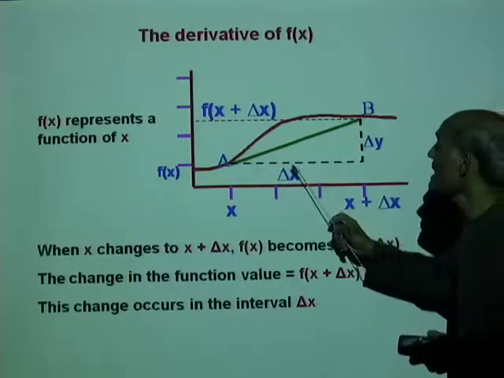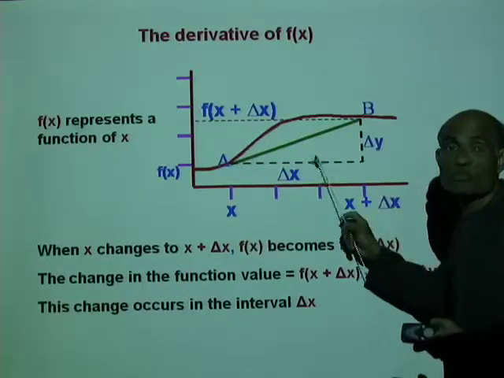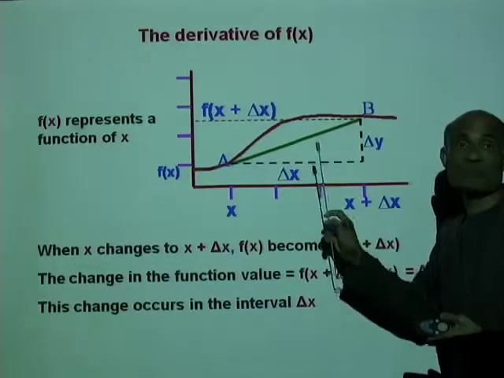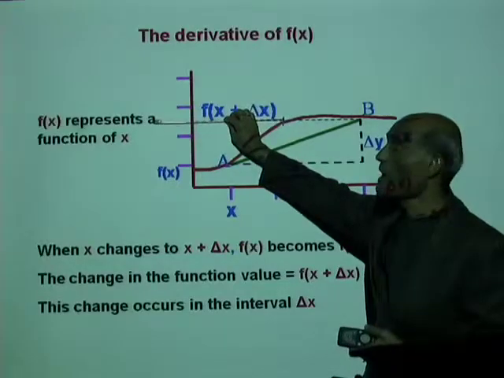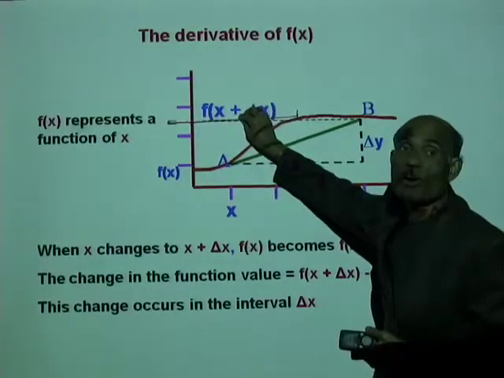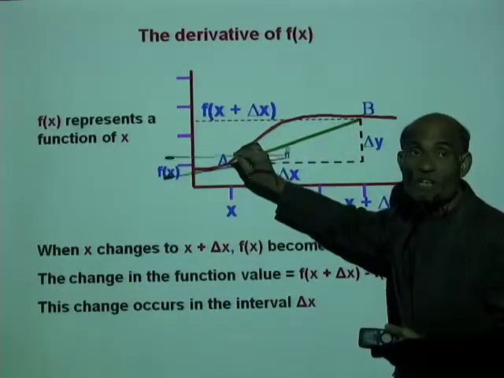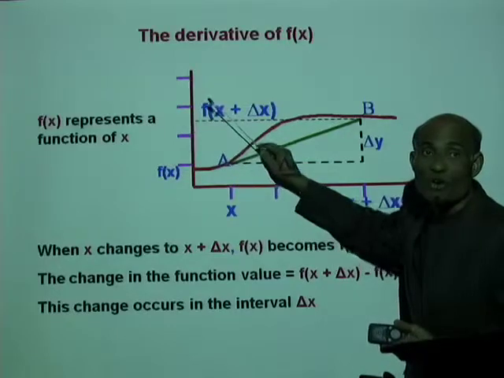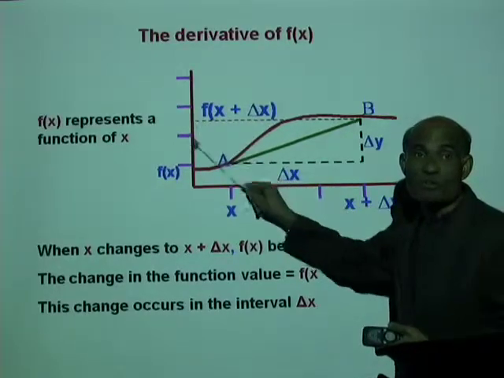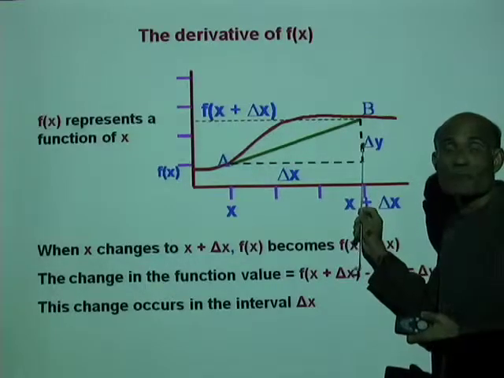Delta y by delta x is the change in the output divided by the change in the input. The output when the input is x plus delta x is f of x plus delta x. The output when the input is x is f of x. So this output minus this output is your delta y.